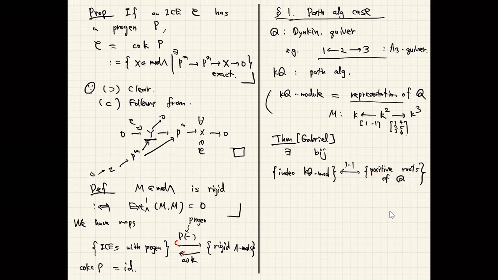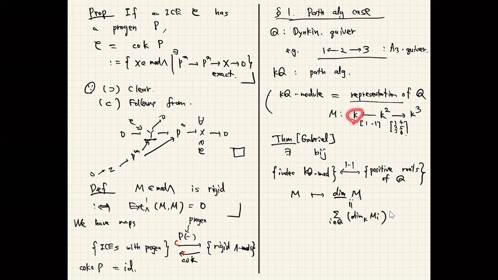And the map is given by taking the so-called dimension vector. For a representation M, its dimension vector is defined by the sum of the dimension of Mi, the vector space at the vertex i, times the simple root.